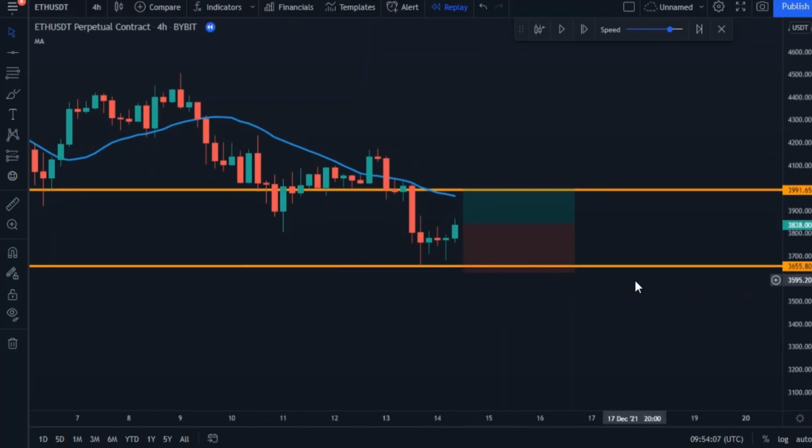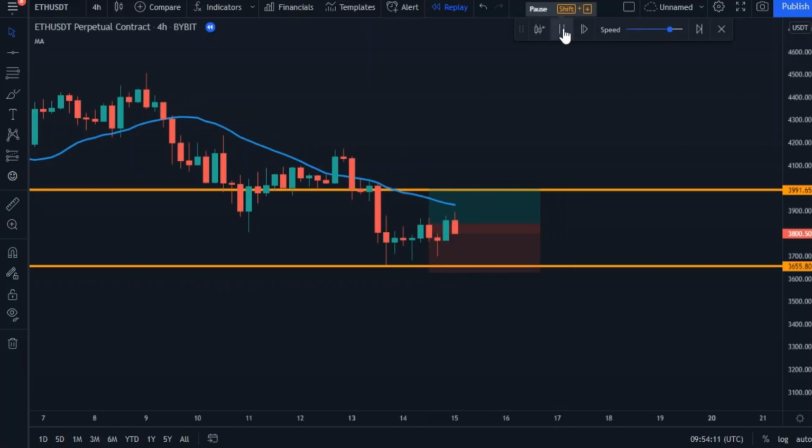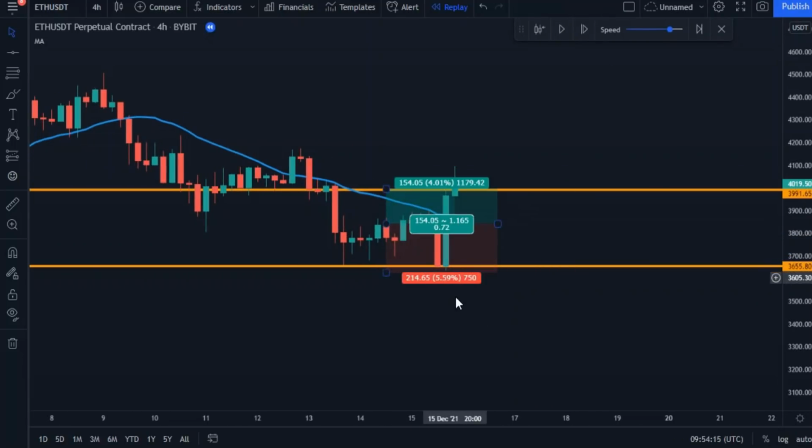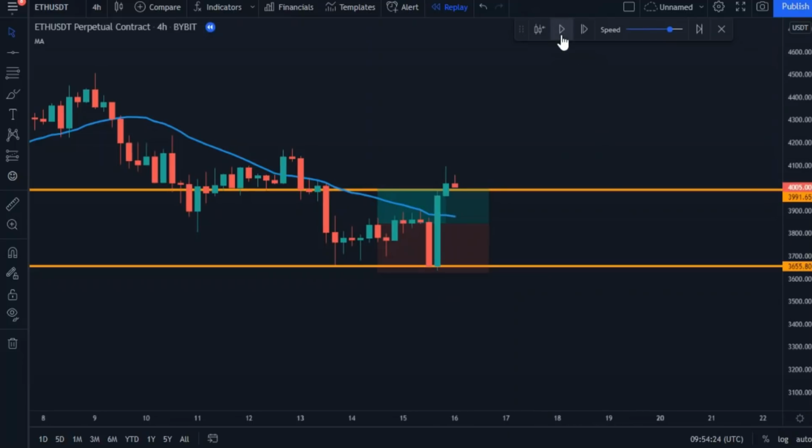Alright, let's run it and see. As you can see, for this reason, the stop loss should be placed a little below the line in order to avoid a fake breakout. As for here, we will take the profits according to the line that we drew above the candle that we chose in advance.